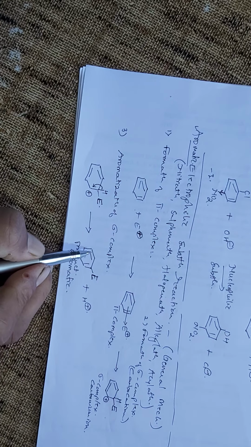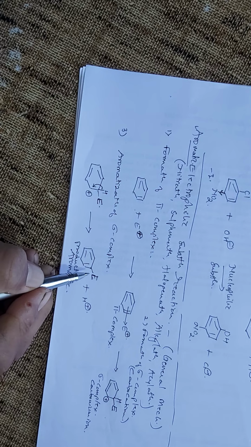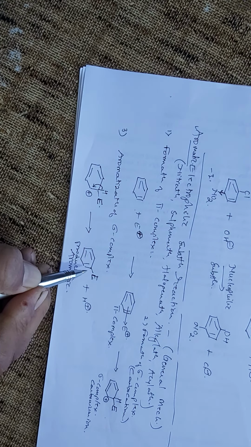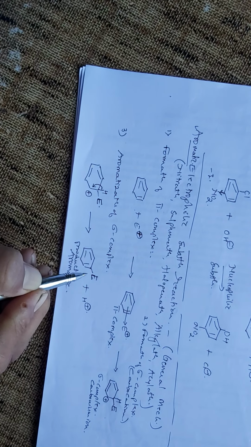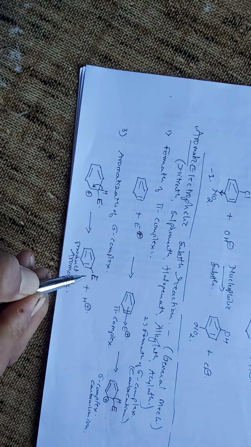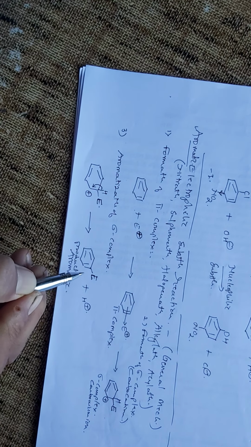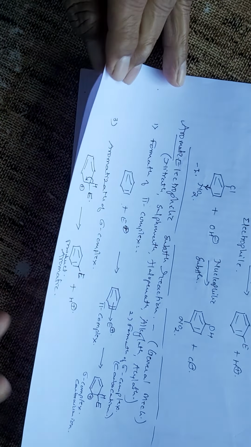Only the formation of the electrophile will be different, because the reagents differ: nitrating mixture for nitration, sulfuric acid for sulfonation, halogens in presence of a Lewis acid for halogenation. So we will discuss all these different mechanisms one by one from the next lecture. Thank you very much.